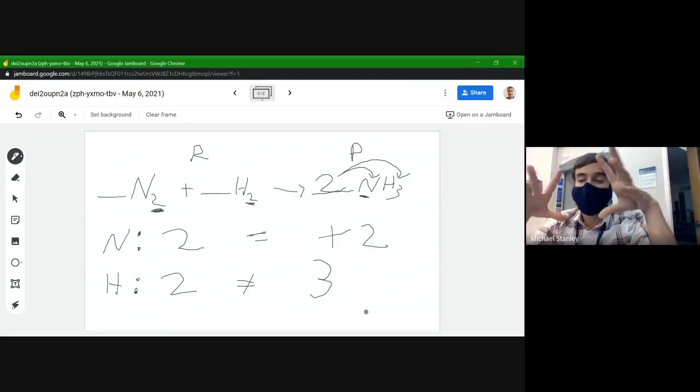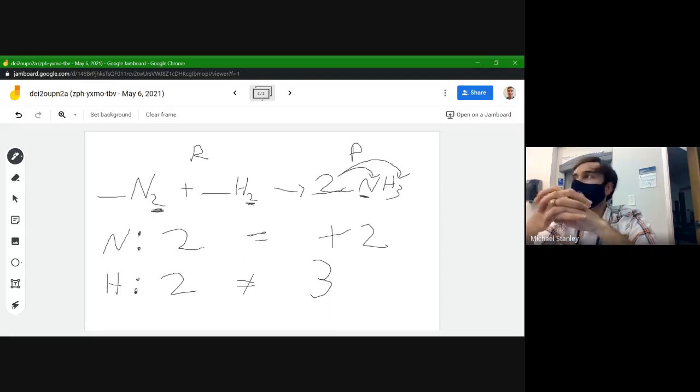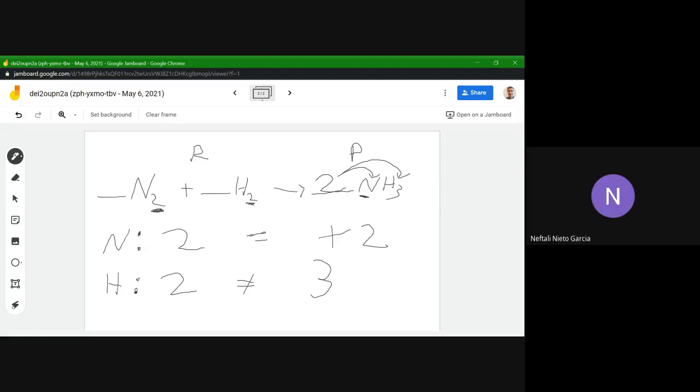So does anybody remember what we do when we have a coefficient big number and a subscript small number that interact with each other? You can't, so as Robert's saying, you can't touch the 3 directly. Well, what happens when a coefficient and a subscript meet? What do you do when you guys interact? You multiply.